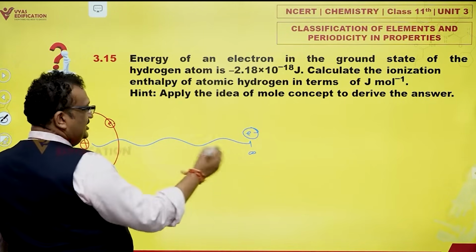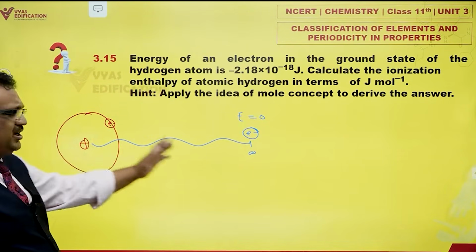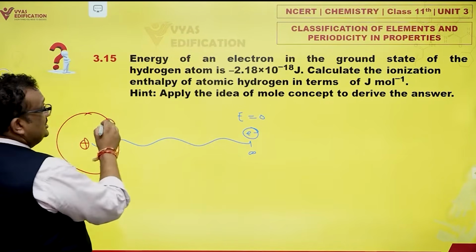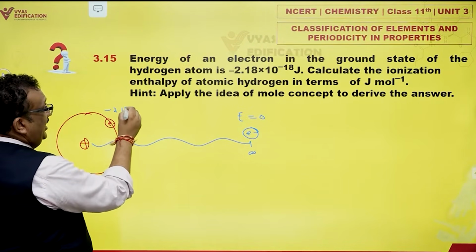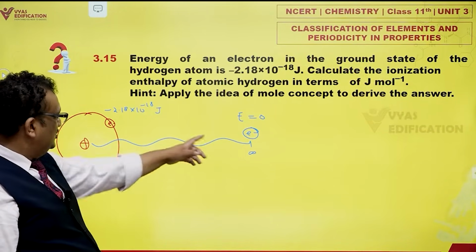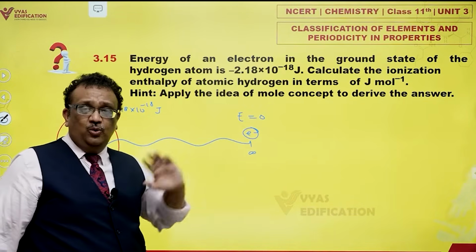And in this condition, the energy of this electron is 0, because it is not interacting with the atom. From minus 2.18 into 10 raised to minus 18 joules to 0. Please note, from this point I have to raise the energy to 0.